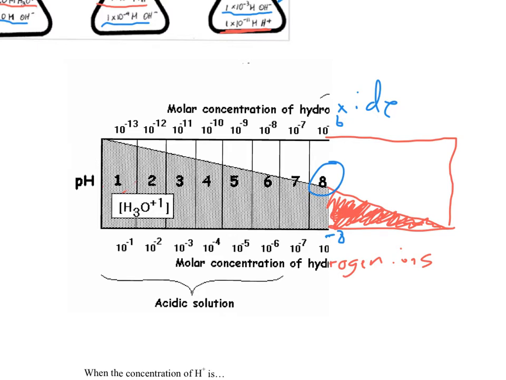Good. So here again, the basic side, the hydroxide side, has the negative 6. That's the lower exponent, which means it has a higher concentration. If we have more hydroxides, that means we have less hydrogen ions, which means we have a basic solution, like 8.